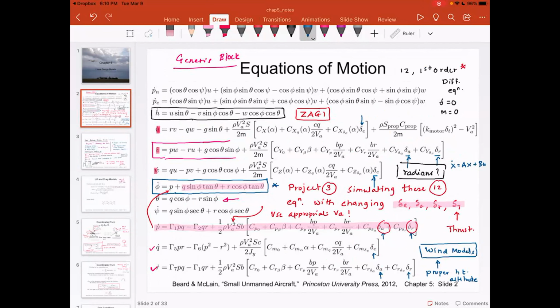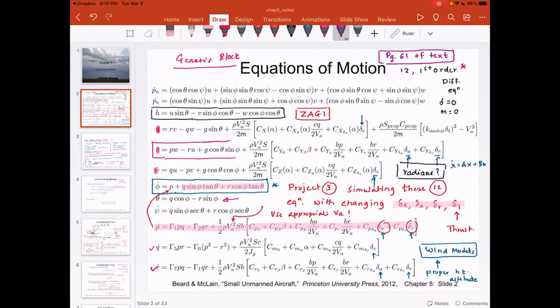These equations are also given, and I want you to refer to the textbook at this point. So page 61 of the text. These equations are given on page 61 of your textbook.